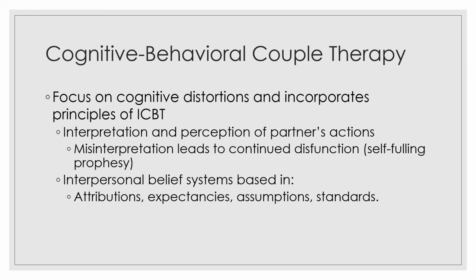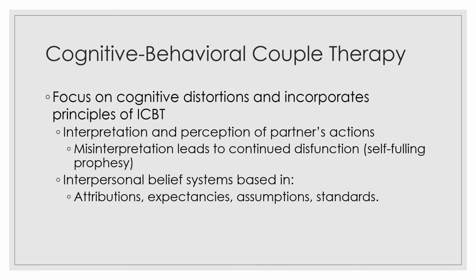Within this, our interpersonal belief systems are often what fuel misinterpretations here, right? We have our own set of beliefs about how our partner should be, how they should act, what they should do, and about ourselves.